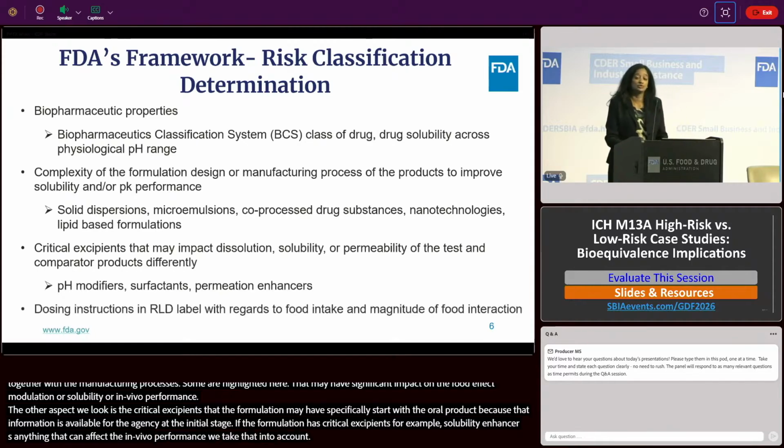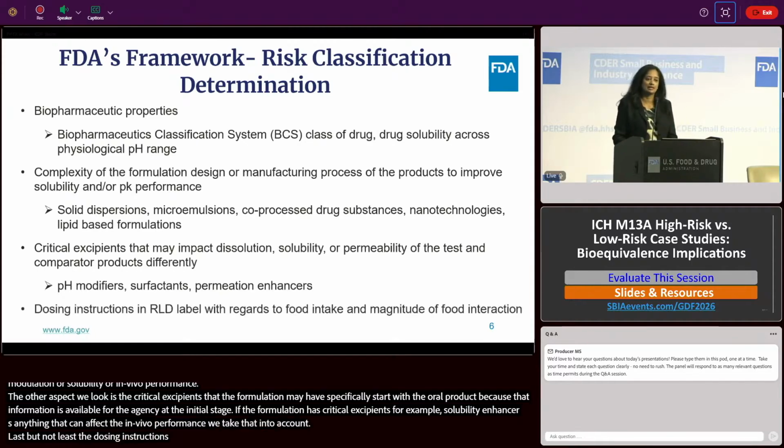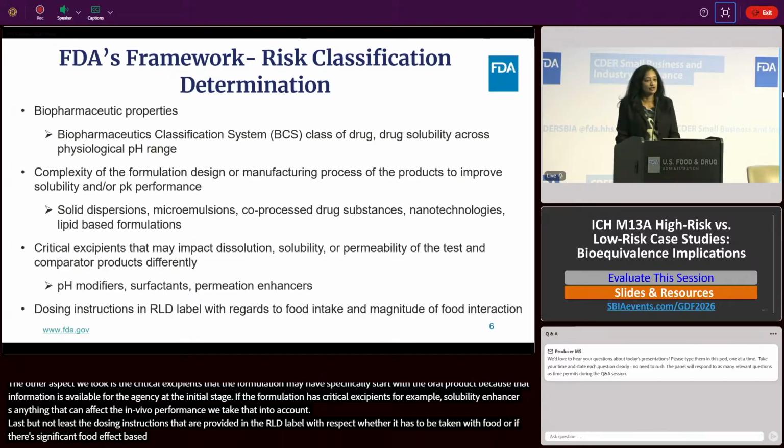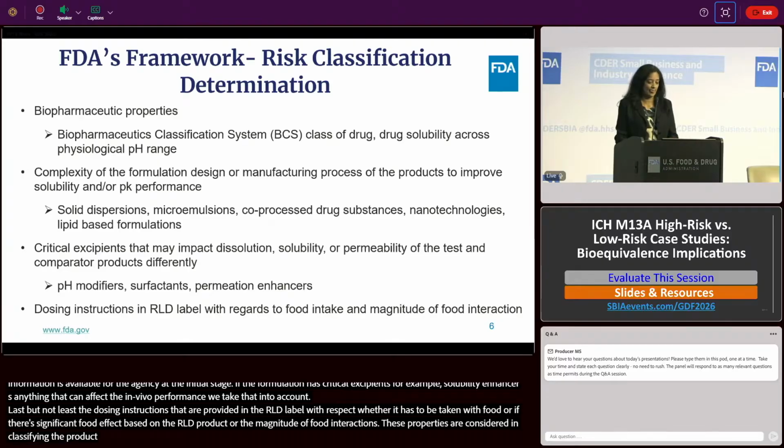Last but not least, the dosing instructions provided in the RLD label, with respect to whether it has to be taken with food, or if there is a significant food effect, or the magnitude of food interaction. All these properties are considered in first classifying the drug product, whether it's high risk or non-high risk.